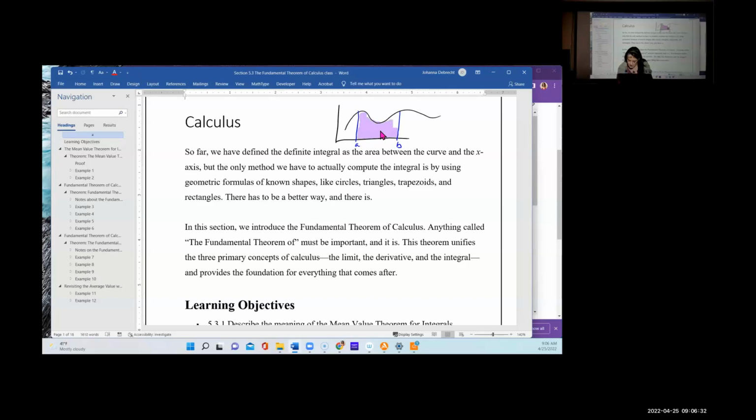So something like this area right here, that's not a geometric shape, and so far we have no way of computing that area. So the fundamental theorem of calculus is going to tell us a better way of computing the area between a curve and the x-axis without having to use geometric shapes.